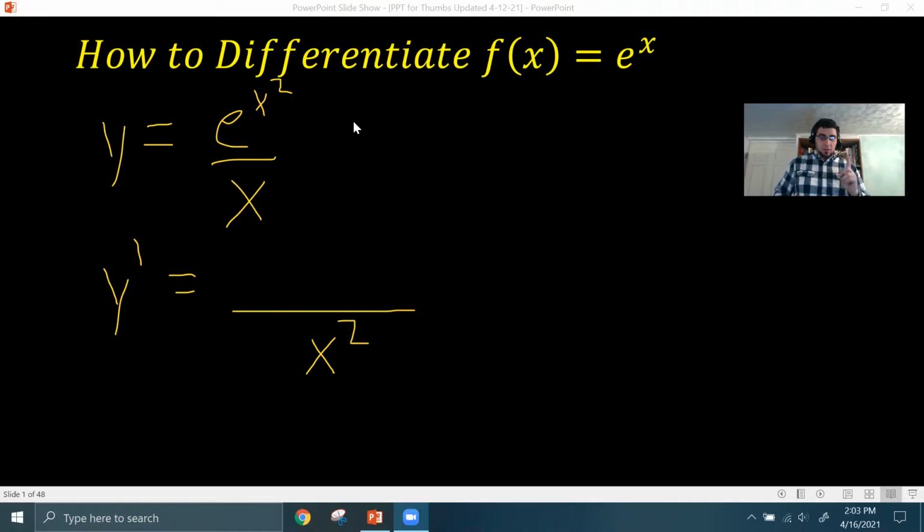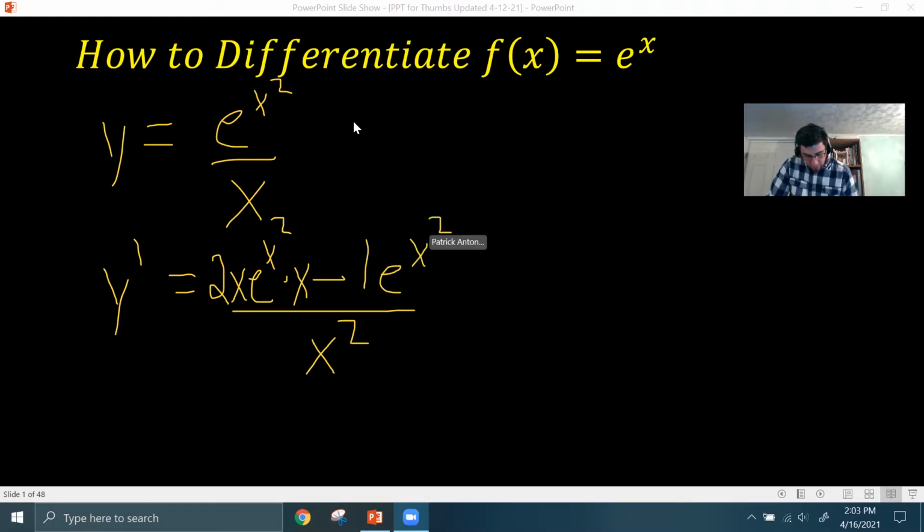So here's how it works. It's the derivative of the top times the bottom minus the derivative of the bottom times the top, all over the denominator or the bottom squared. So derivative of the top is 2x e to the x squared times the bottom, which is x, minus the derivative of the bottom, 1, times the top, e to the x squared, all over the bottom squared.